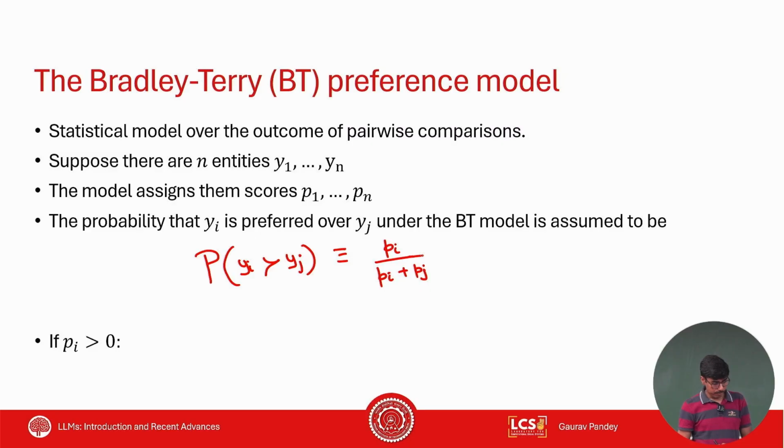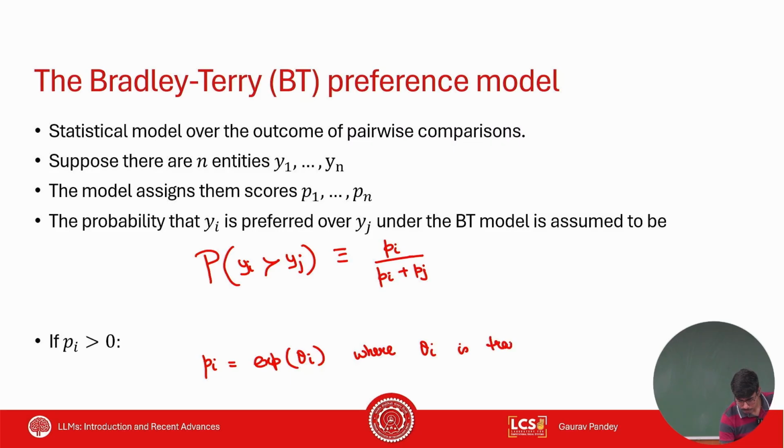Okay, and if we assume that all these scores are positive, then I can write these scores pi as exponential of some theta i, where theta i is trainable. Generally, how the data will look, you won't be given these scores p1 to pn.